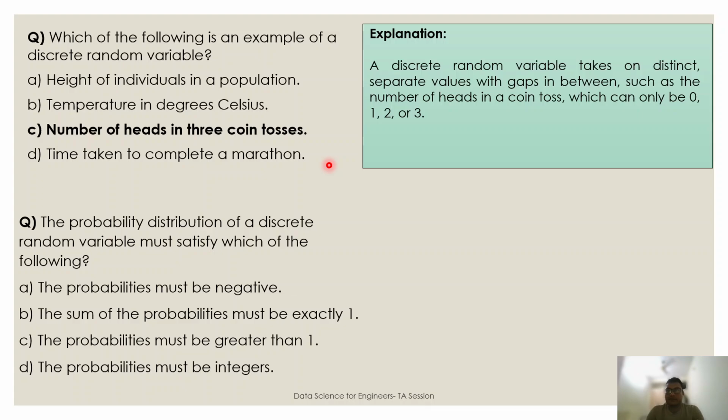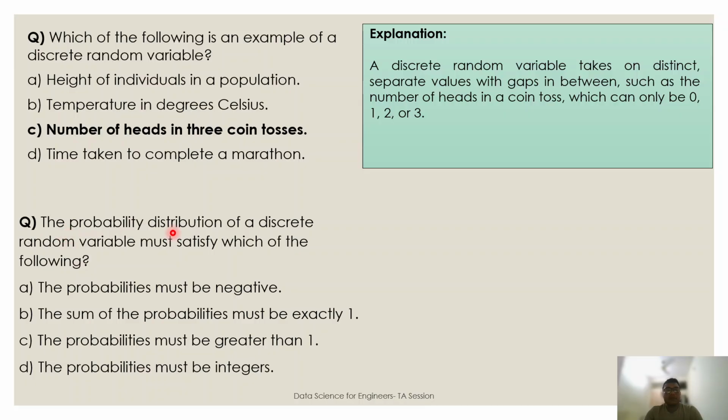Someone completed in 9.1, 9.2, 9.9. In the 100-metre race, Usain Bolt lost a race by 0.0-something decimal seconds. So all the decimals are coming. All these are continuous examples. The only discrete example is head and tail. So that is the explanation behind discrete and continuous.